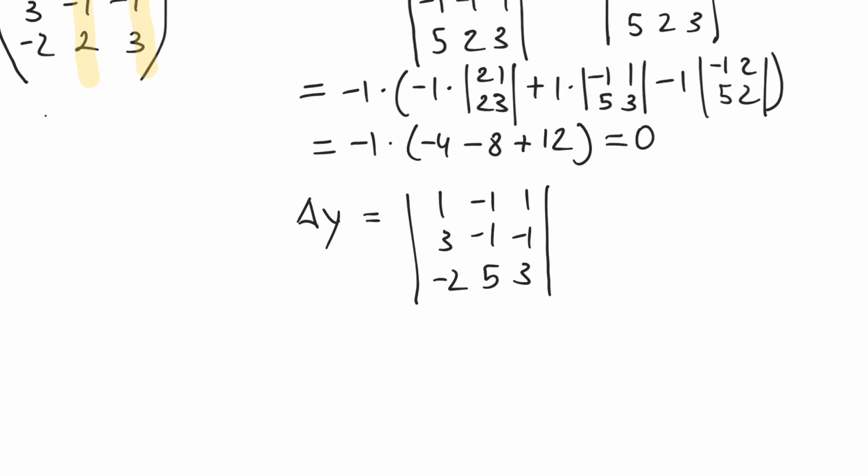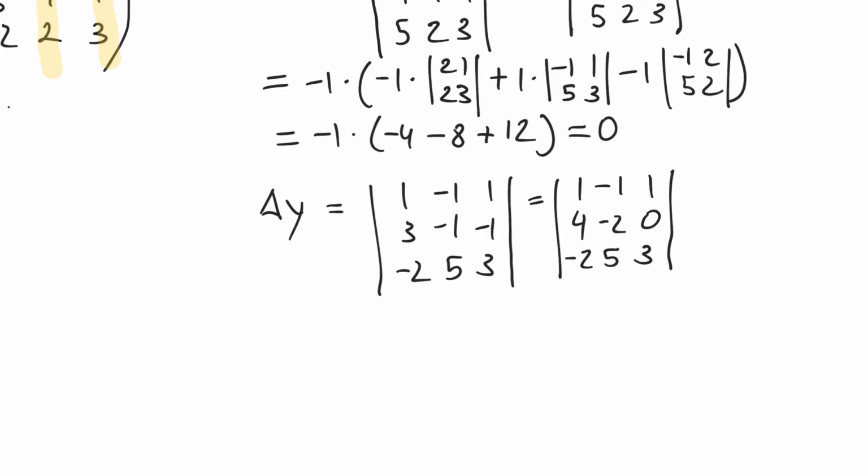And right off the bat, I think we should again add our first row to the second row, which should give us 1, -1, and 1. 4, -2, 0. Yep, funny number. -2, 5, 3. So that was not planned.